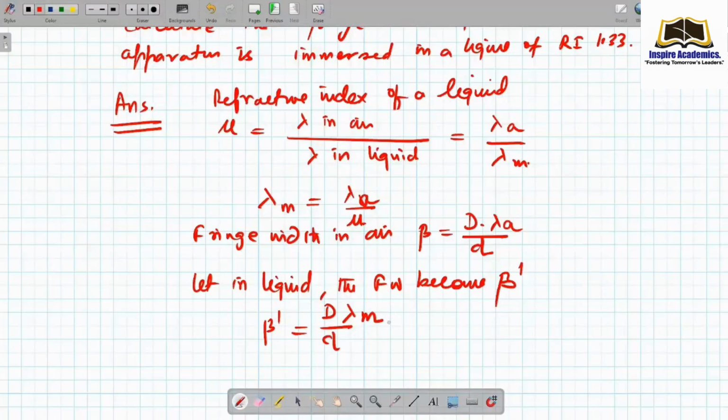So can we put the value? So we shall get capital D upon small d, and lambda m was lambda A upon mu, right?